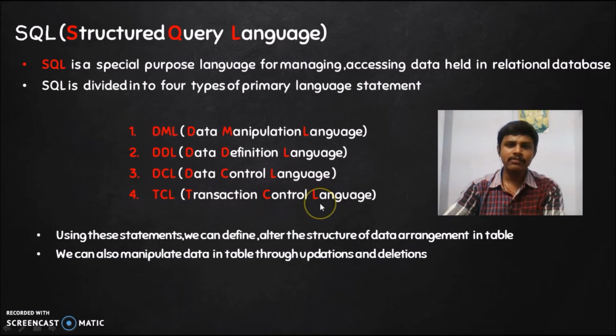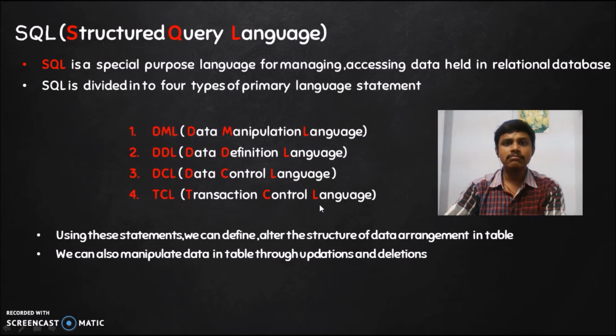All these primary language statements can be used to perform different types of operations on the relational database. Mainly, we can create our own table, we can insert our own content into the table, we can delete records from the table, we can drop a table, and we can create our own schema for our table.